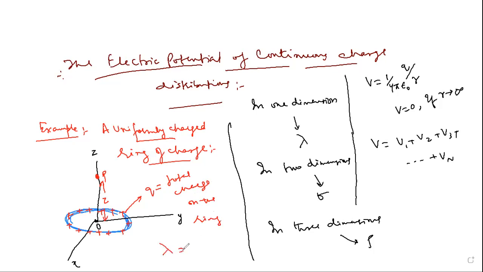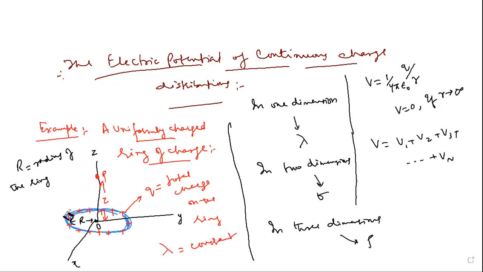Lambda, linear charge density, is assumed to be constant. And let R, capital R, be the radius of the ring, right?